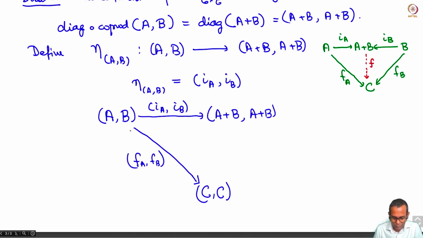One arrow F subscript A from A to C, and another arrow F subscript B from B to C.